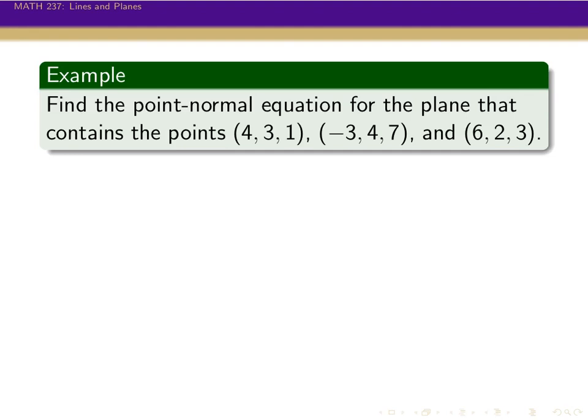So how can we work that in here? Well, now we've got 3 points. If I just pick one point to be the initial point, so let's pick 4, 3, 1, then I can create 2 vectors going from 4, 3, 1 to these other 2 points. That's going to give me 2 vectors on the plane.